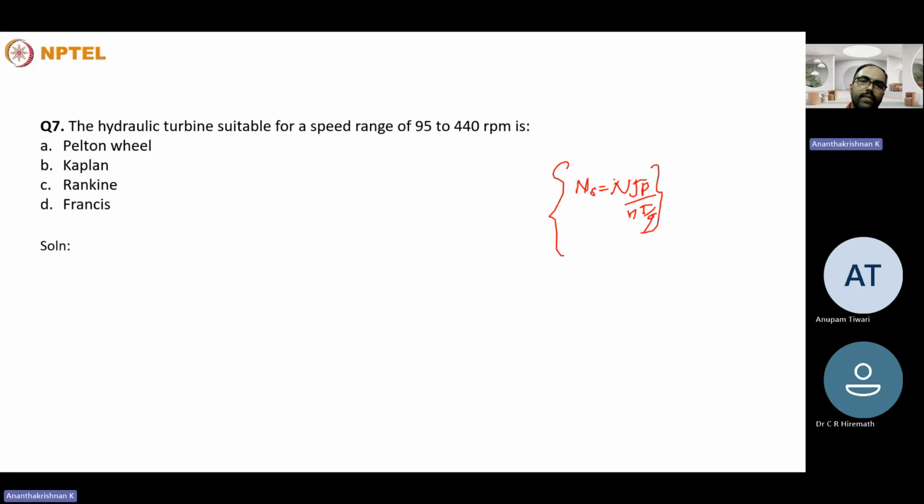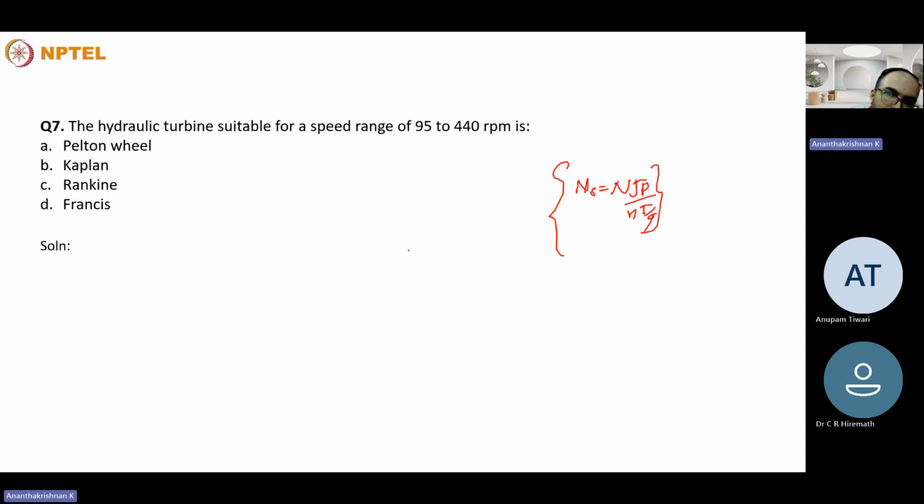But that doesn't help in this problem where a speed range is given, 95 to 440. How will we say that this is a high range or a medium range or a lower range? You need to have some idea of the range in which the turbine operates, so I'll give you that.